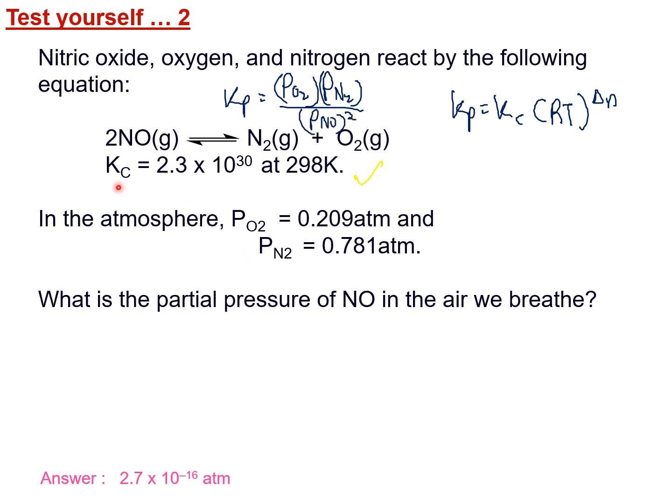Tapi dia bagi kamu Kc sahaja. So I hope that by using this kind of information, you carilah Kp. Once you have found the Kp, okay, I tak tahulah berapa nilai Kp tersebut. You dah tahu partial pressure of oxygen gas dengan nitrogen gas apa, and you need to find the partial pressure of NO. Tapi ada to the power of 2 kat sini. So bila you jadikan dia sebagai subject, it's going to be a square root of everything. Okay, so nanti you boleh try this out juga.